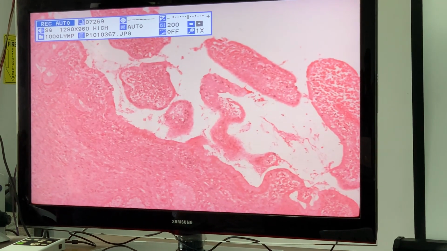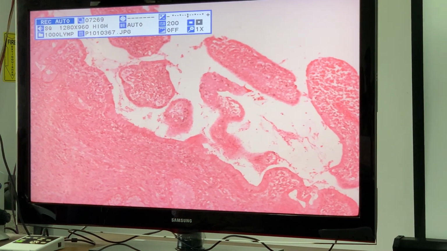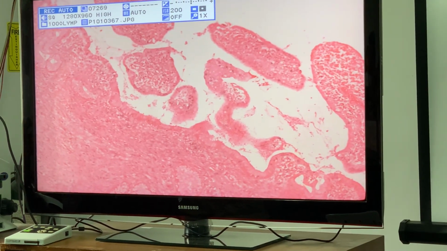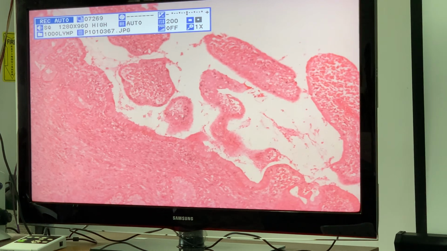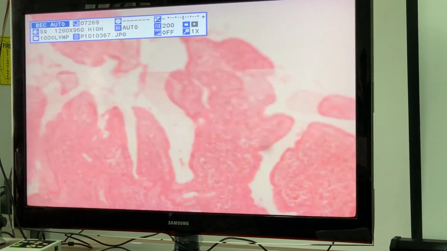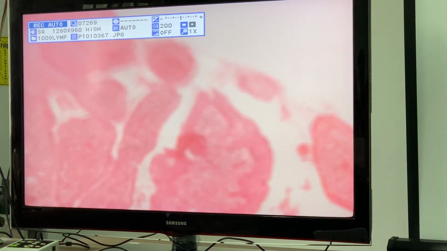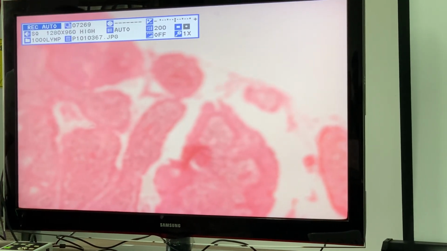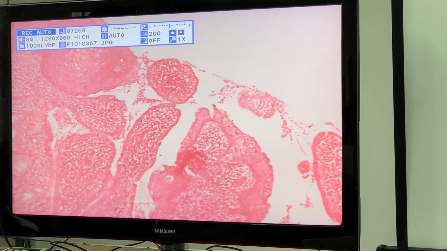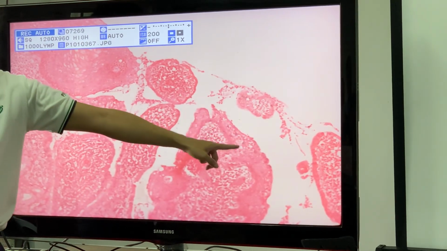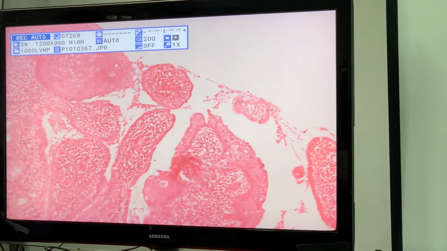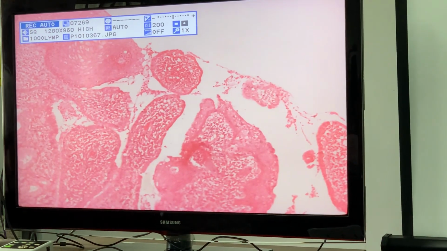This is a portion of the endocervix. The endocervix is lined by simple columnar epithelium. But the problem is, in some areas, this is not simple columnar. What is it? It is stratified squamous.